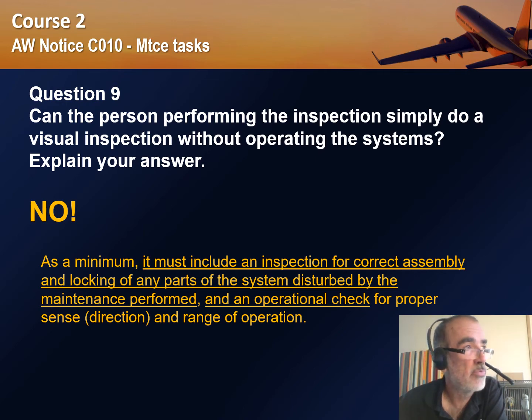And by disturbed, we mean removal, reinstallation. So if you disconnect a cable, this would disturb the system. An operational check for proper sense, meaning direction, and range, meaning amplitude of movement, is required. Okay, you have to check that everything moves in the proper direction and with the proper range.